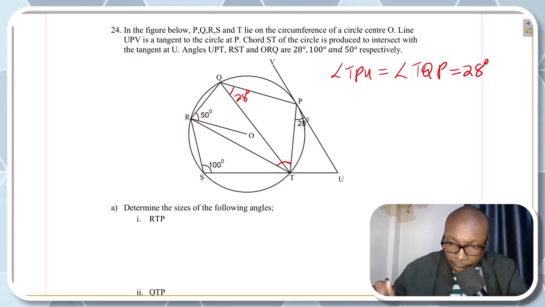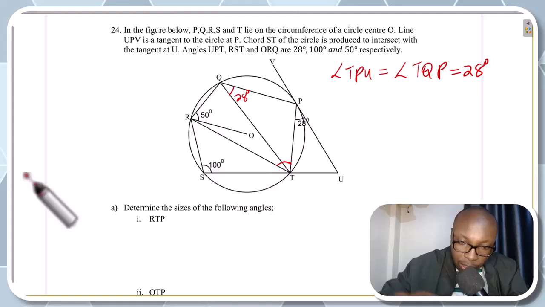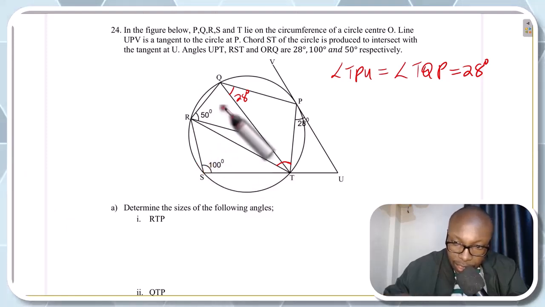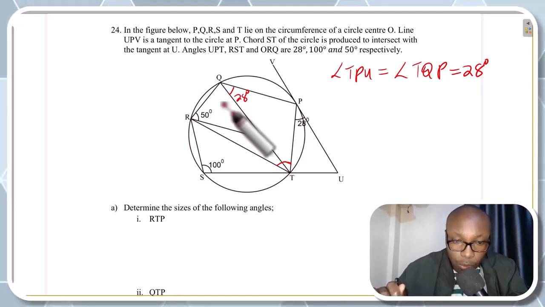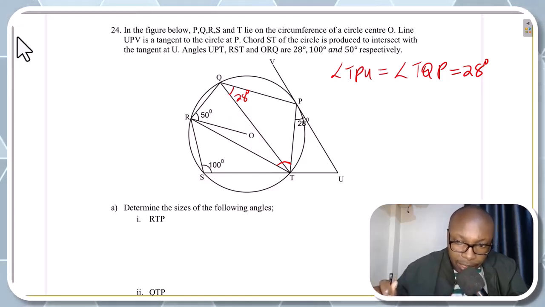After getting that, I'd like you to look at this quadrilateral RSQT. Look at this angle S and angle Q. Those are two opposite angles in a cyclic quadrilateral. The property relating to that is that the sum of two opposite angles in a cyclic quadrilateral should be 180.